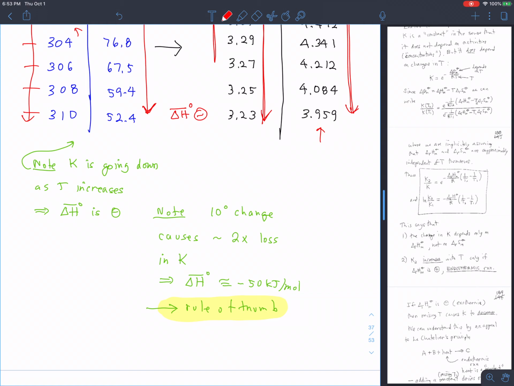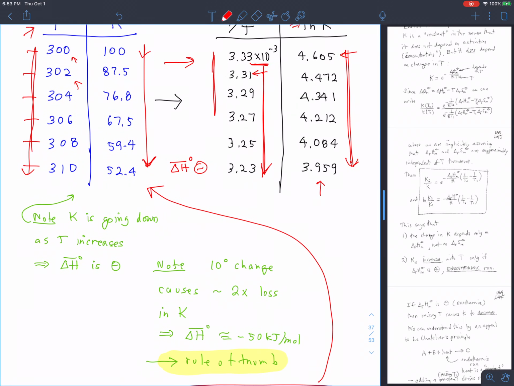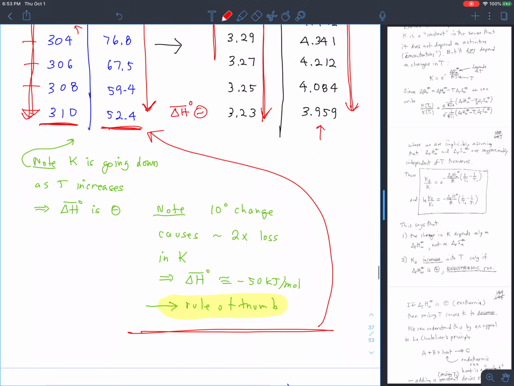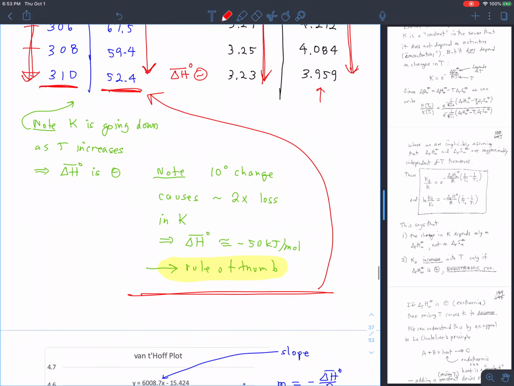All right, again, here's our rule of thumb. You can see it operating, especially in this data column over here. By the time we've finished our entire run of collecting data, we've only changed the temperature by 10 degrees, and in that 10-degree change, the equilibrium constant has gone down by almost a factor of 2, about 48% instead of 50%.